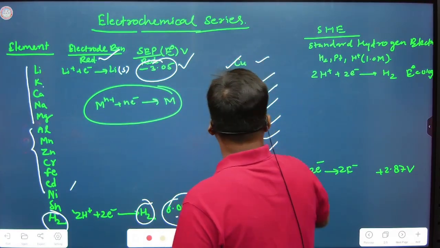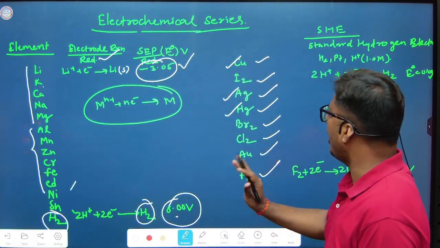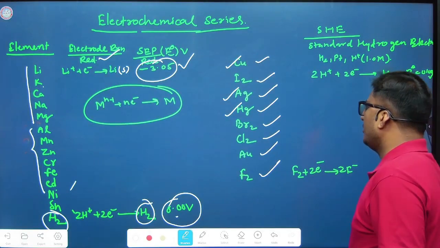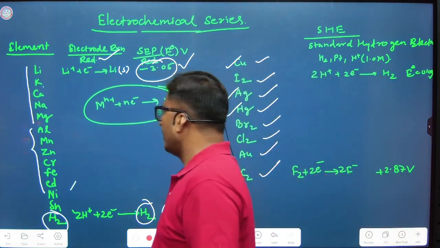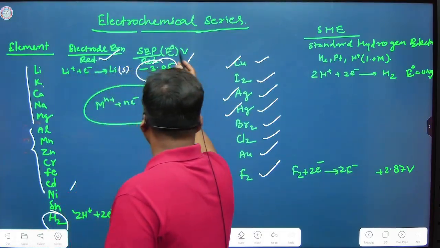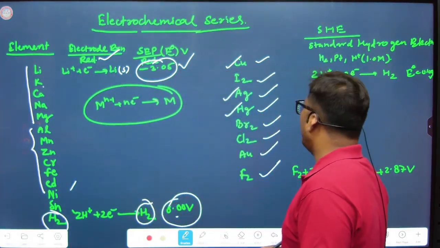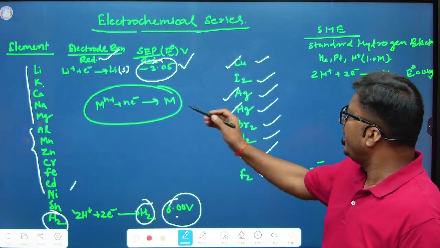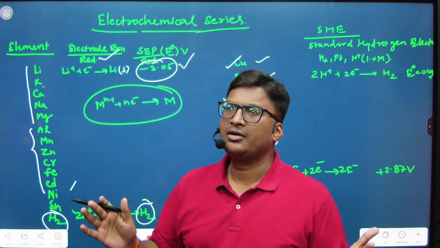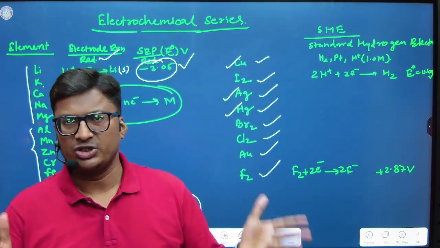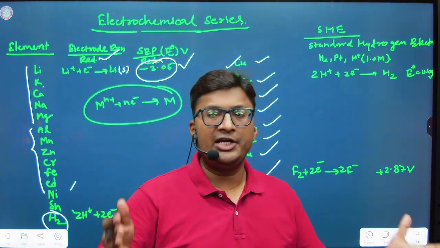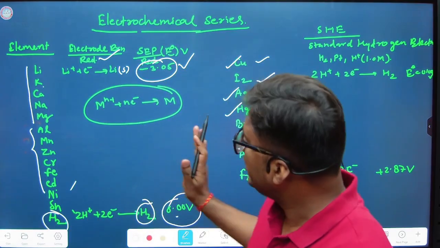So platinum also, they are placed below the hydrogen, right? What this series indicates is that the elements above the hydrogen have negative standard reduction potential, right?